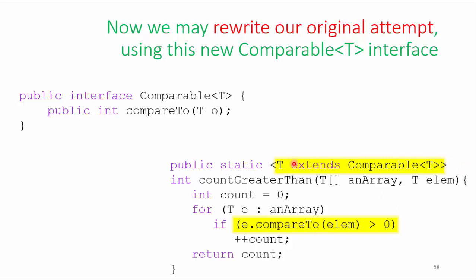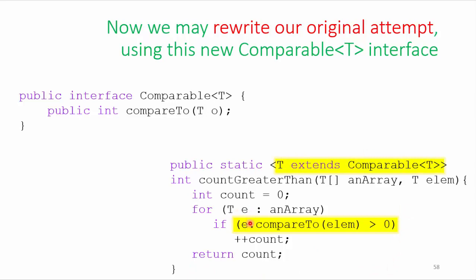And then once we say that our data type T is going to be something that extends Comparable of T, then in the code we are allowed to use any method that is defined in the bound that we specified. So the bound that we specified is the class, or interface in this case, Comparable of T. Any method that is available in that class or interface is available for us to use in the code because of that bounded type parameter.